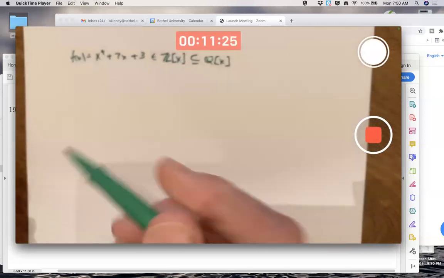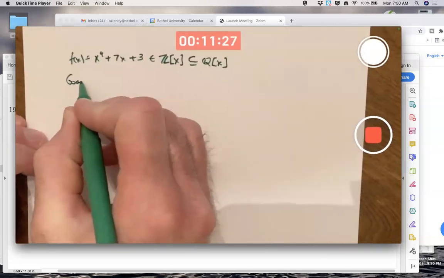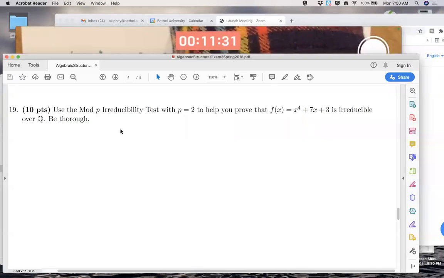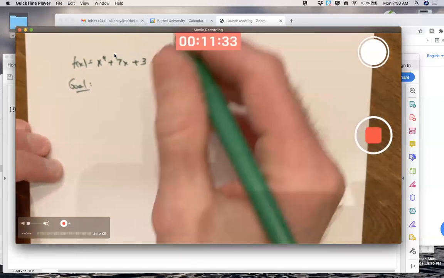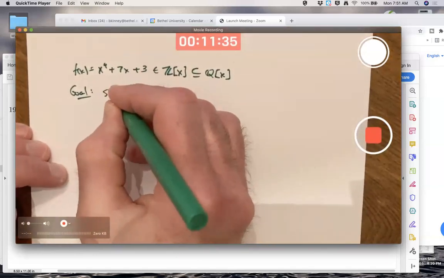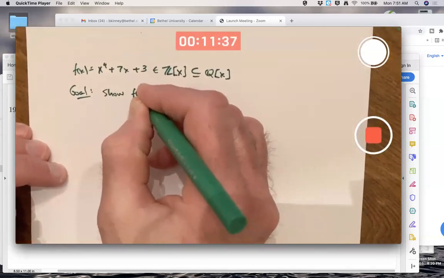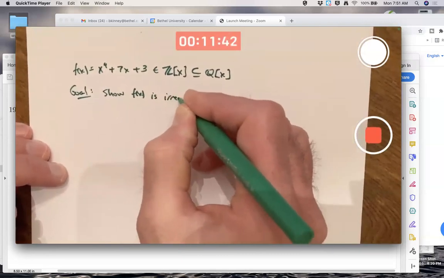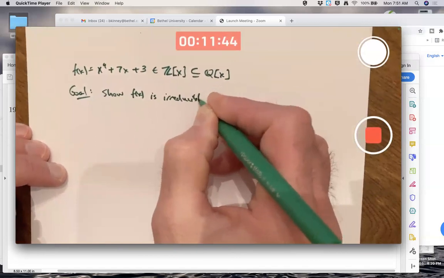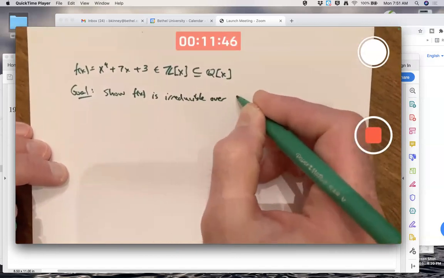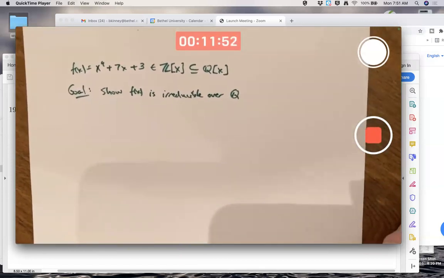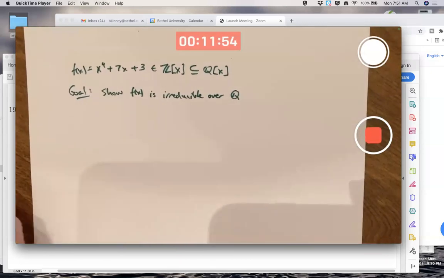So the goal is to show, evidently by the problem statement, that f(x), this polynomial, is irreducible over the rationals. And I also gave the hint to use something called the mod p irreducibility test, so we should look that up.